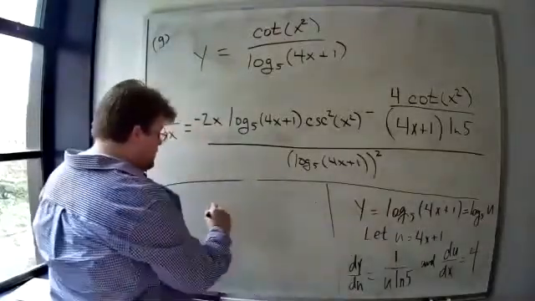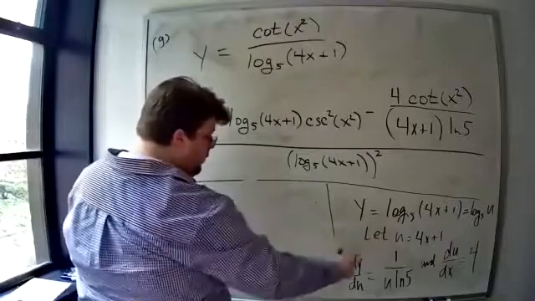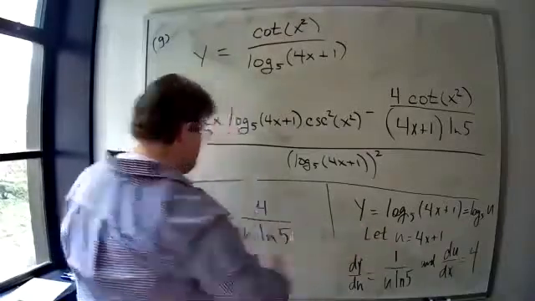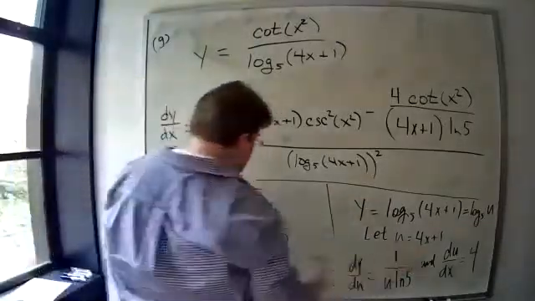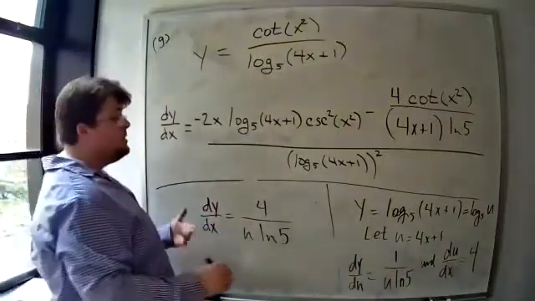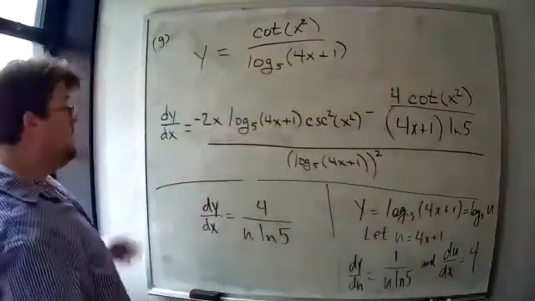So dy dx over here is what? That 4 times that? 4 over u times the natural log of 5. And u is 4x plus 1. So we have 4 over 4x plus 1 times natural log of 5. And then times the top from the quotient rule.